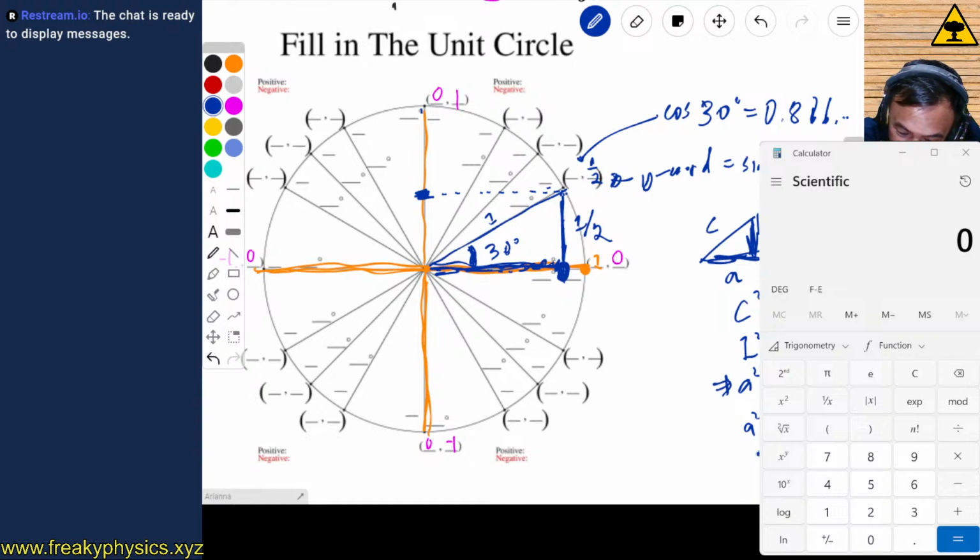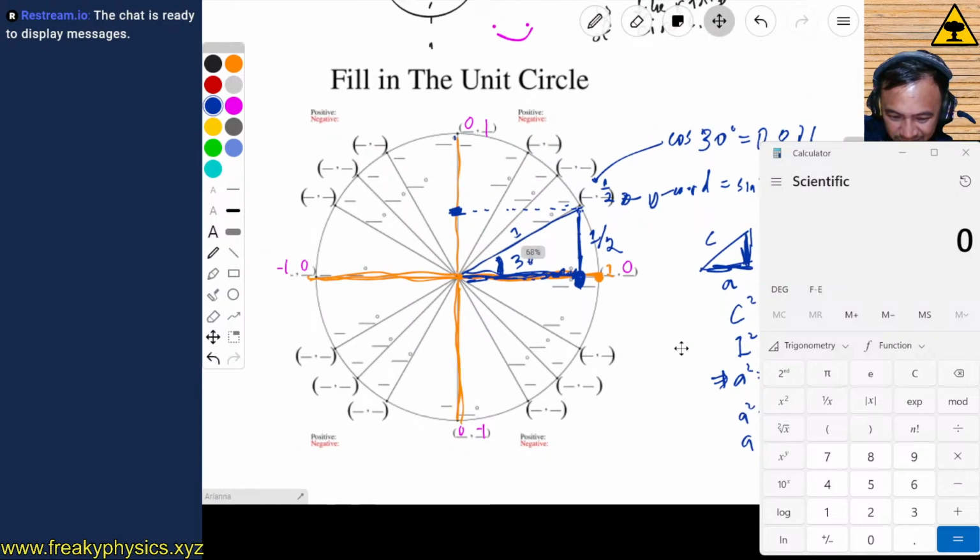From here, what can we get now? A is equal to the square root of 3 over 4, right? Let's zoom out a bit so you can see that. So we can now say confidently that this number, cosine 30 degrees, is the square root of 3 over 4, and that is what we will put here.